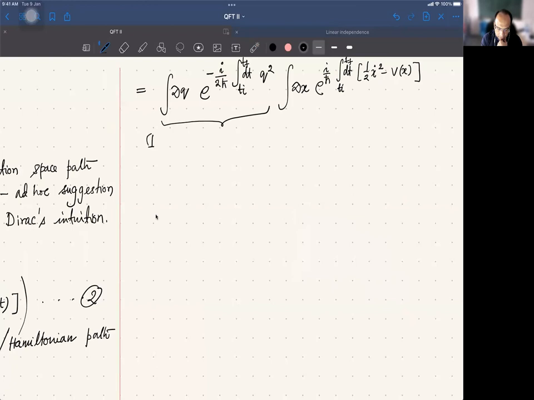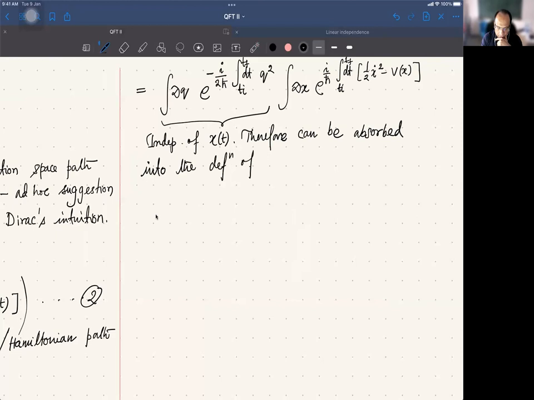This portion is totally independent of x of t, of the x path integral, and therefore can be absorbed into the definition of the measure Dx.